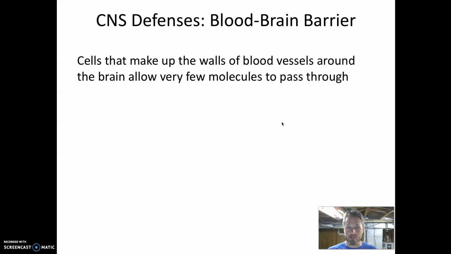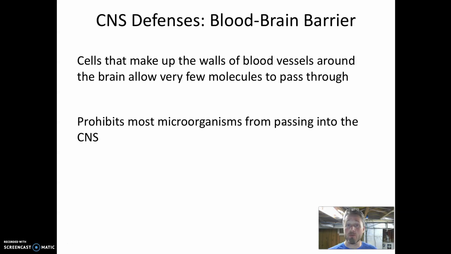So the cells that make up the tissues, the blood vessels around the brain and the spinal cord, allow very, very few molecules to pass through. So these cells are extraordinarily selective, very few things get through, and that means that it's really, really hard for a microorganism to infect the central nervous system because of this strong protective barrier, the blood-brain barrier.